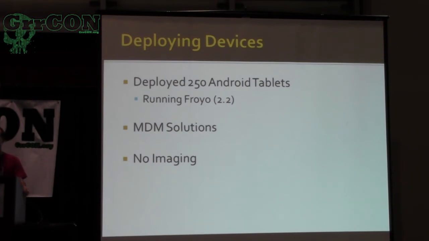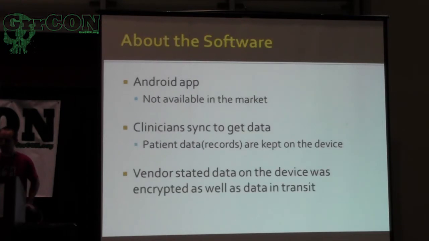But at the time, we had limited solutions, and there was no imaging. So we literally unpacked, turned on, and set up our 250 devices by hand, which is horrible. If someone wants to make money, find a way to image Android tablets. Or just Android in general. That's a big need for people doing these mass deployments.